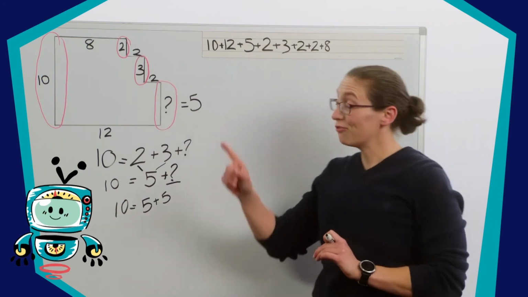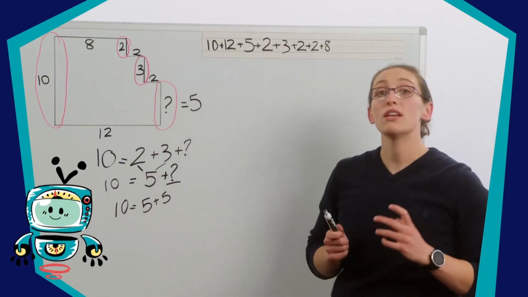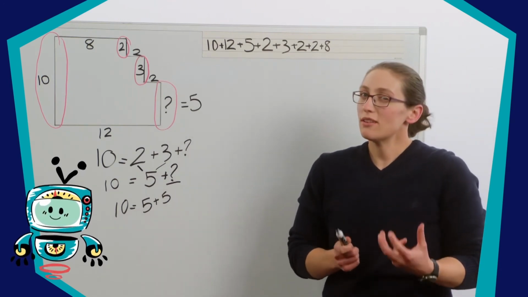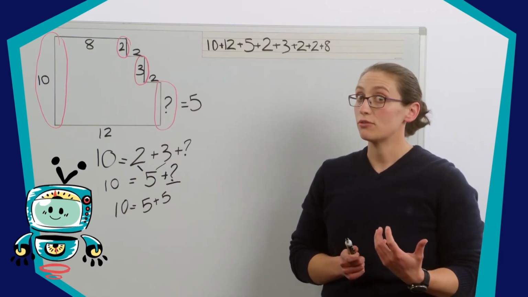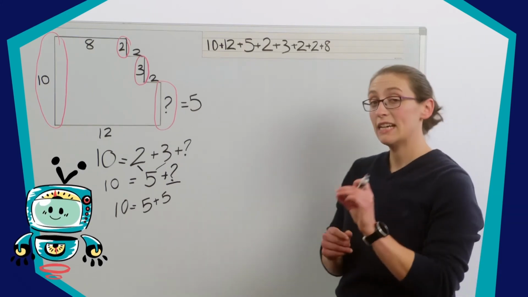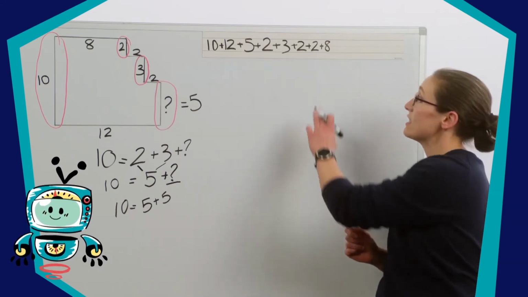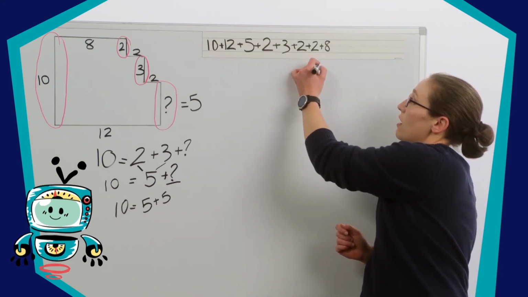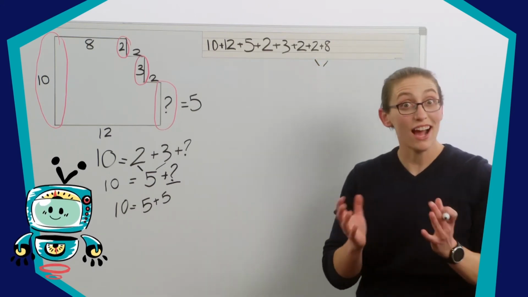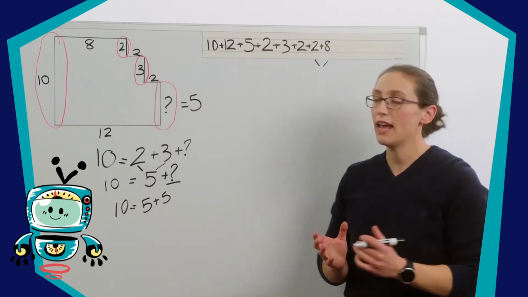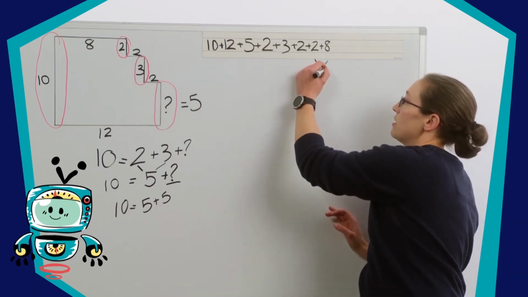So, the first thing that I look for is, what do I know? What's something that is not too stressful for me to start solving? The thing that I notice is this 8 plus 2 right here. I'm going to combine that because I know 8 plus 2 equals 10. So I'm going to put 10 here.